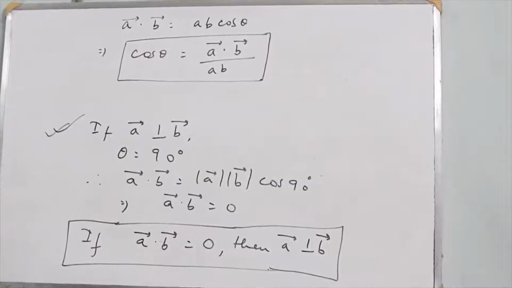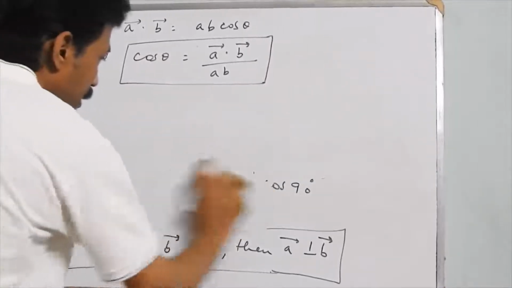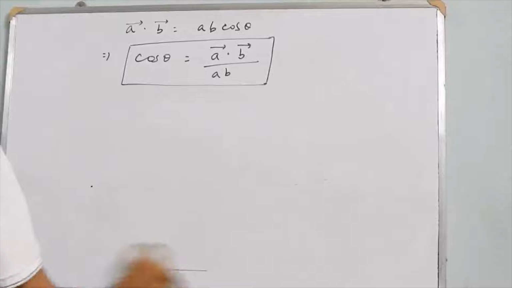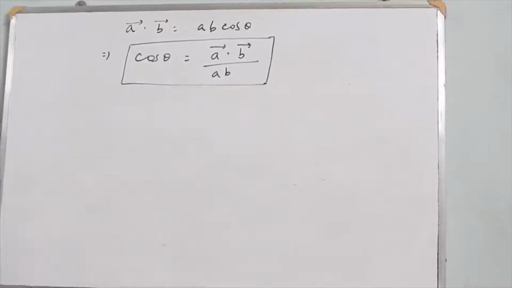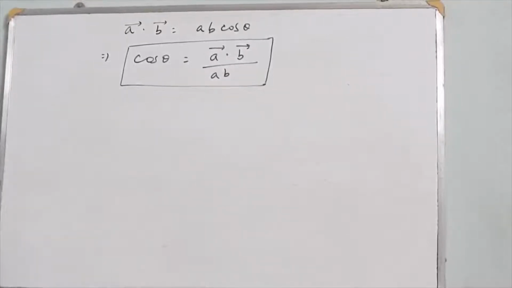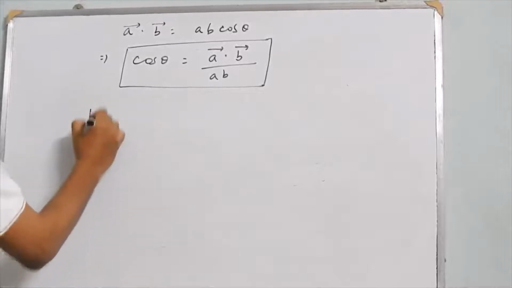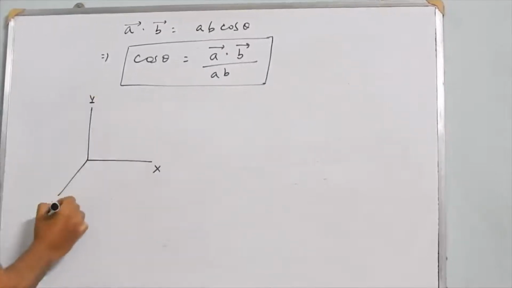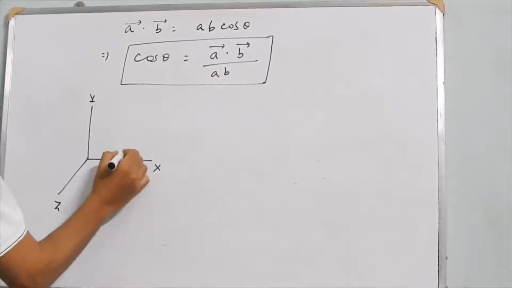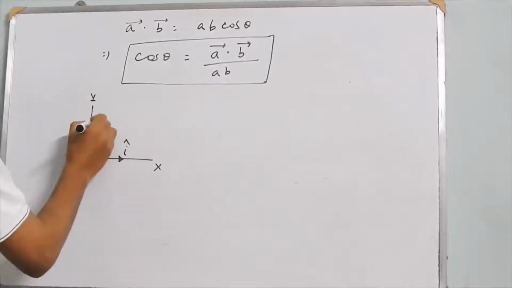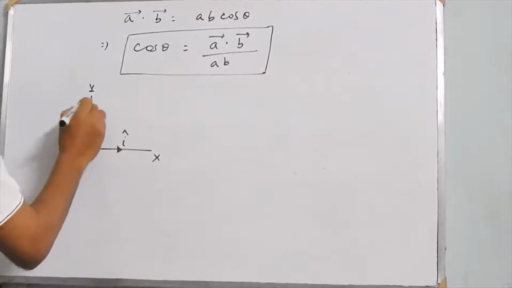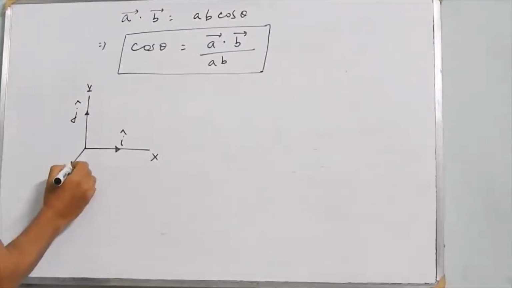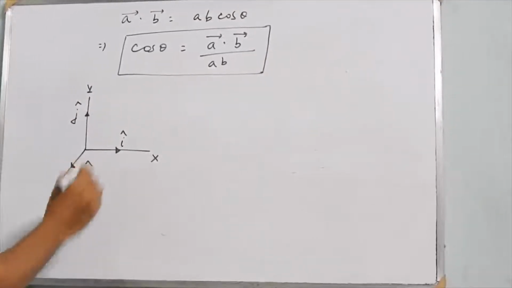Now, if you remember, the unit vectors along the x, y and z axis were I hat, j hat and k hat. So suppose this is the x axis, this is the y axis and z axis. Unit vector along positive x axis is I hat, unit vector along positive y axis is j hat, and that along z axis is k hat.